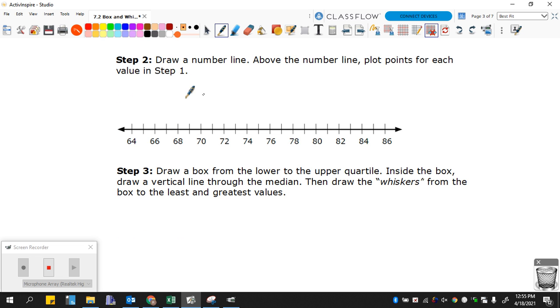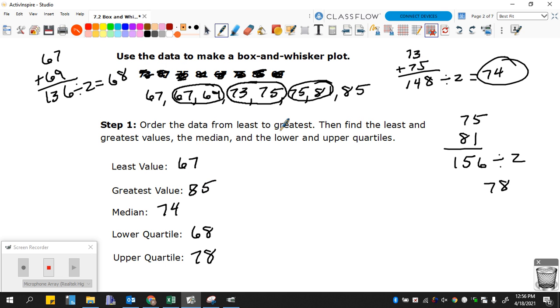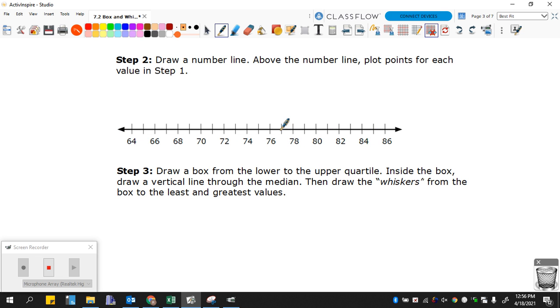Now we represent these using a number line. I've already got this number line up here. Above the number line, plot the points for each value in step 1. The least value is 67, so 67 is right here. The greatest value is 85, that's right here.